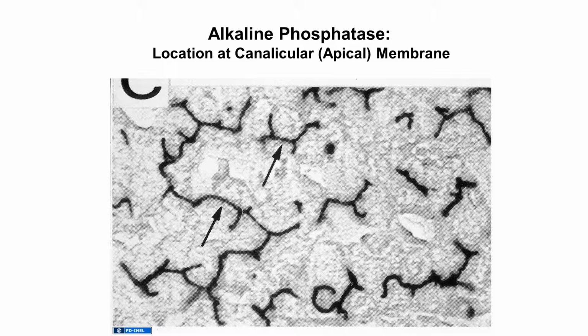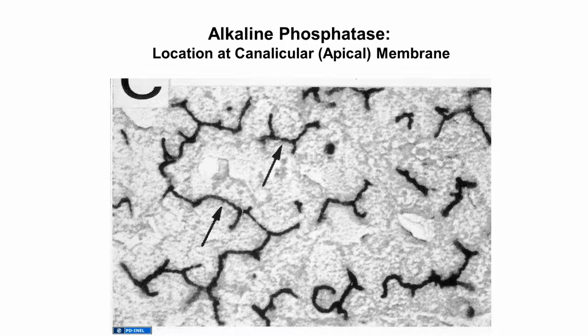So this picture here on your slide shows you the location of your alkaline phosphatase at the canalicular or apical membrane of your bile ducts. So the biliary wall of your biliary system has a proliferation of alkaline phosphatase.